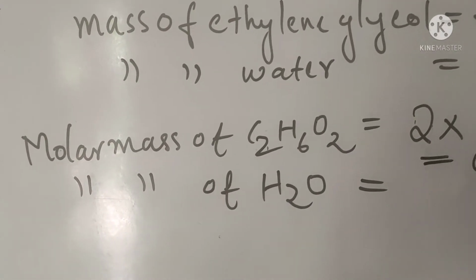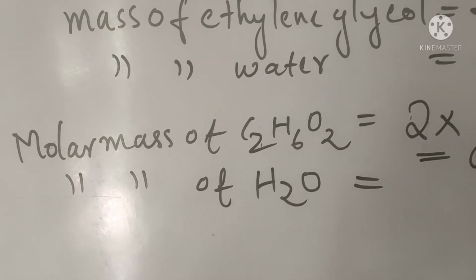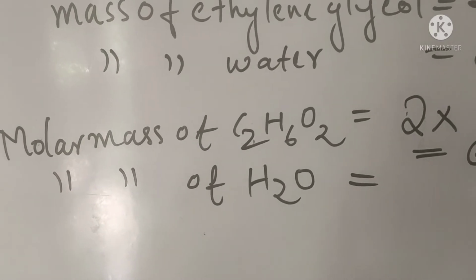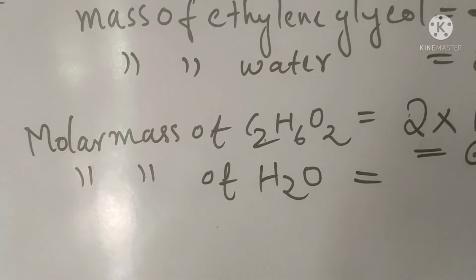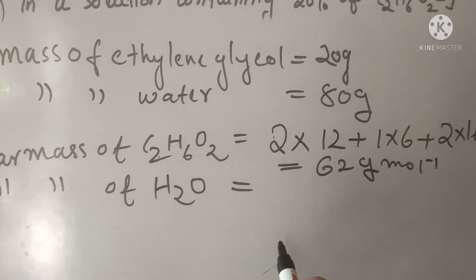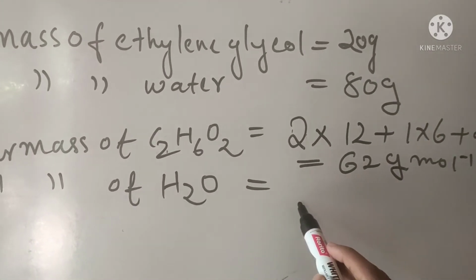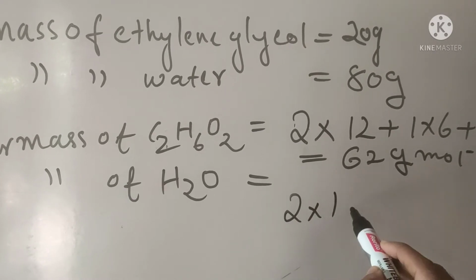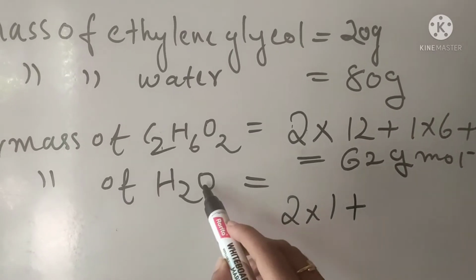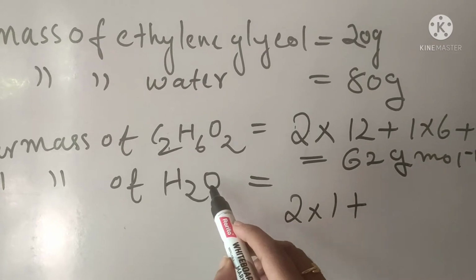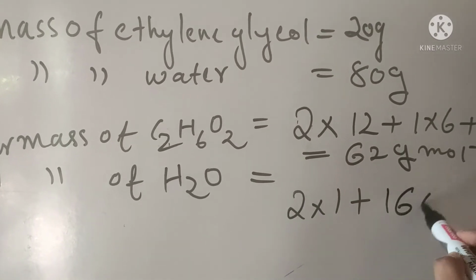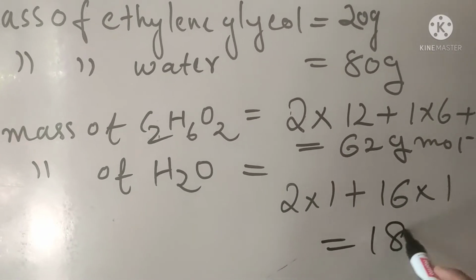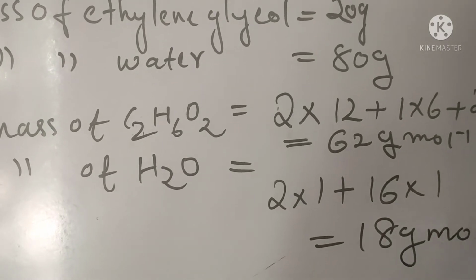We get 62 gram per mole. In the case of water, it is 2 into 1 plus, what is the atomic mass of oxygen? 16. 16 into 1, which gives 18 gram per mole.